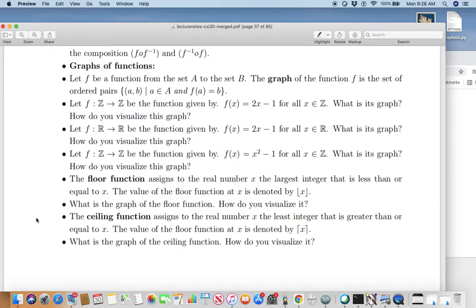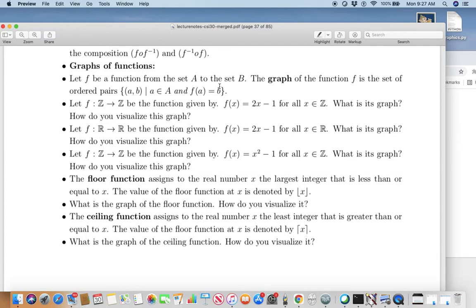All right. Now graphs of functions. Let f be a function from the set A to the set B. The graph of a function f is the set of ordered pairs (a, b) where f of a equals b. So you see how usually we write y equals f(x).